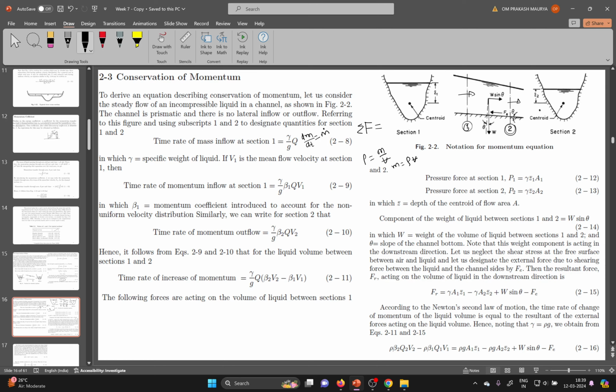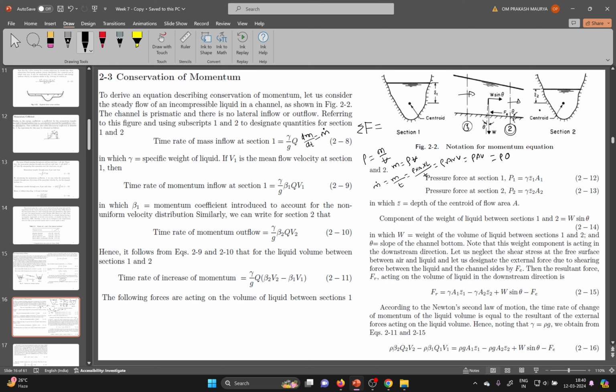This is represented by m dot, so m dot is equal to m divided by t. What is m? Rho into area into length, divided by t. Here L by t is velocity. So rho A V.